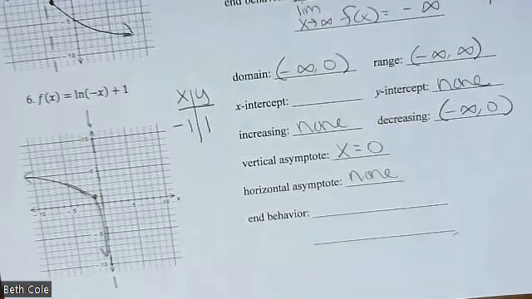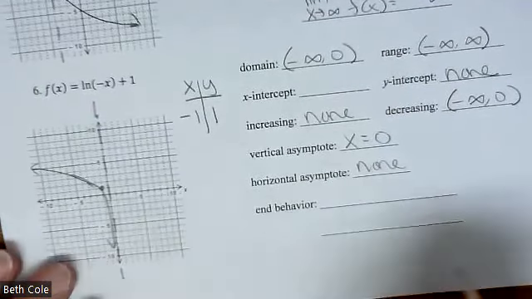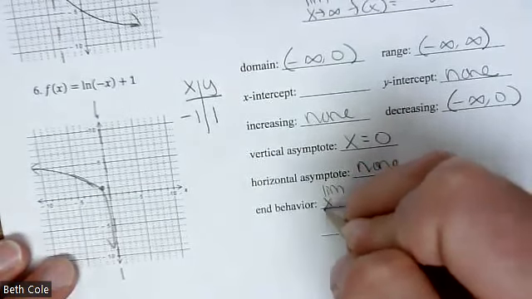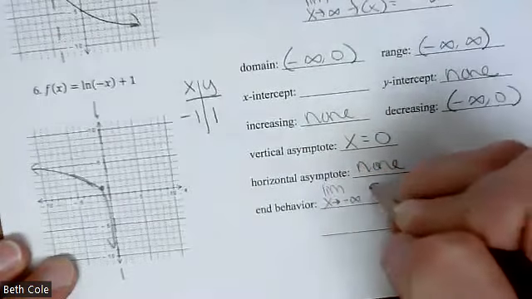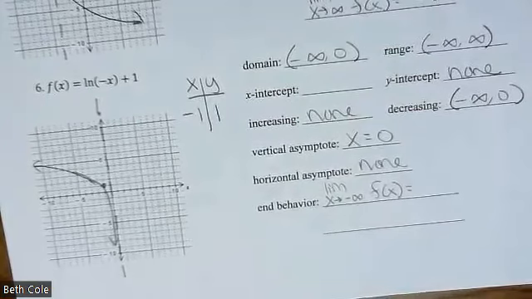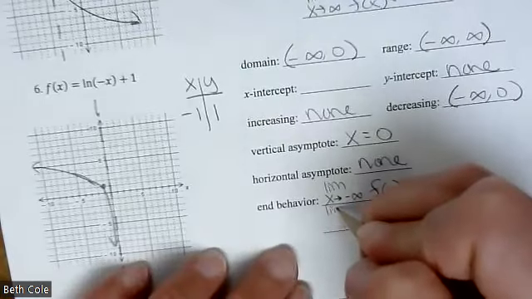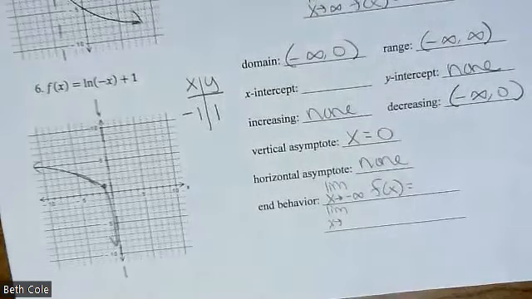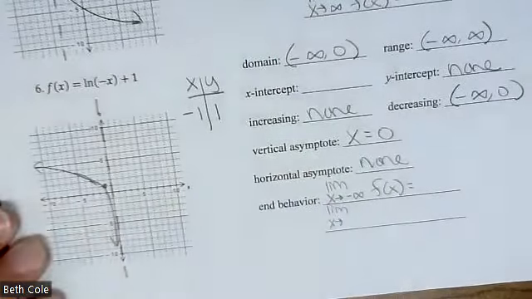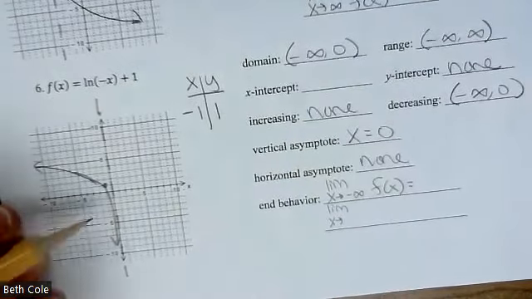And then the end behavior will be a little different this time because our graph got reflected to the other side. We can do negative infinity now. Limit as x goes to negative infinity. Do you get what I'm saying? We can go to negative infinity. You can't go to positive infinity. So what's our other end going to be? It'll be limit as x goes to where? 0. And this time it's from the left.